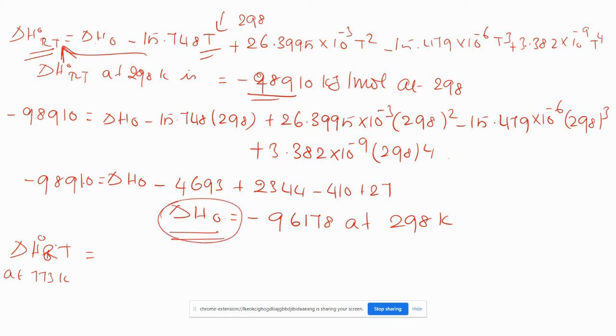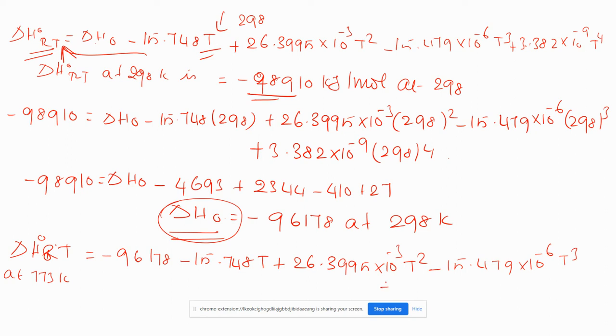So this equation will become minus 96178 minus 15.748T plus 26.3995 into 10 power minus 3 T square minus 15.479 into 10 power minus 6 T cube plus 3.382 into 10 power minus 9 T4. This is called the empirical equation for standard heat of reaction at temperature T.